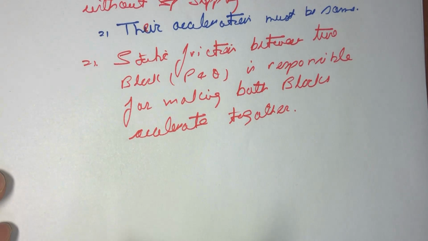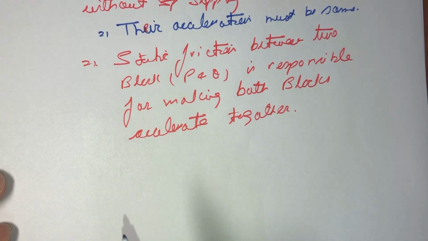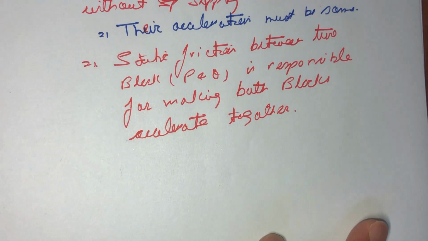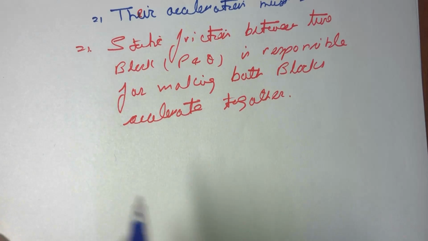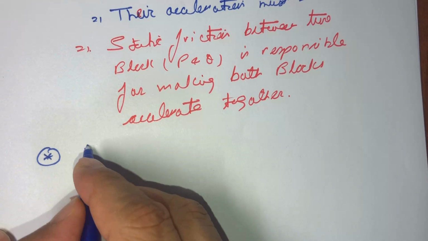Now it is said that the blocks are pulled by a distance A, so we are going to find the angular velocity, and as A is the maximum distance from the mean position, from that we can find the maximum acceleration for the SHM. And if we find the maximum acceleration, we can find the frictional value. So next we are going to find the angular velocity of the system.